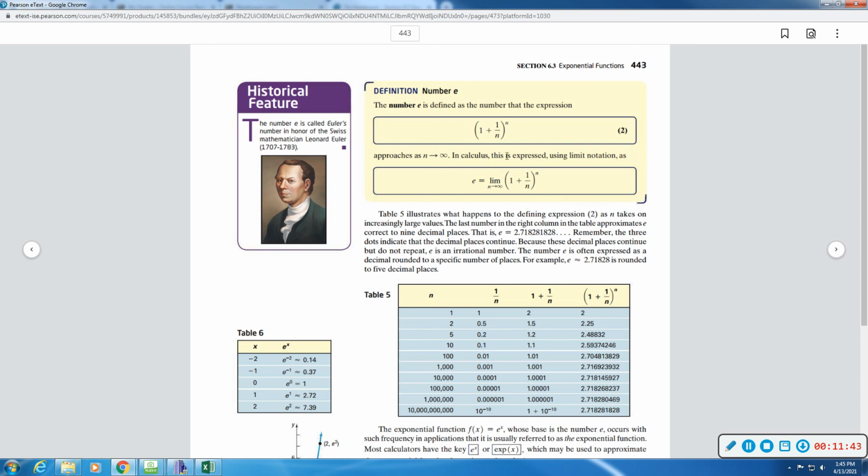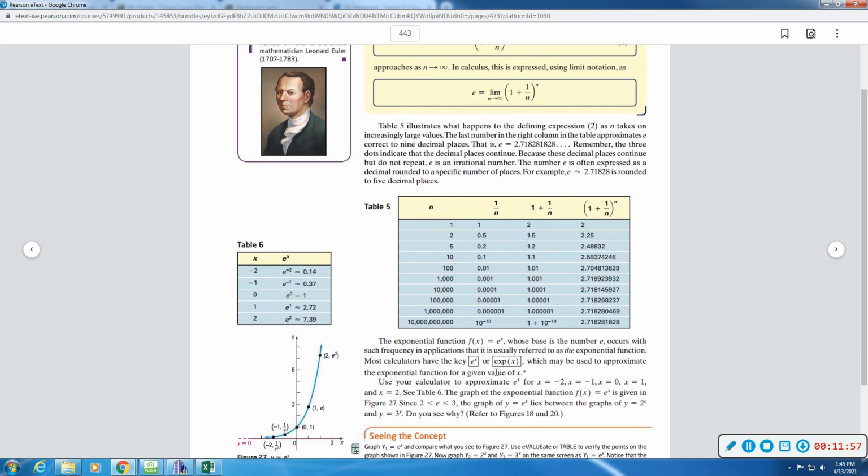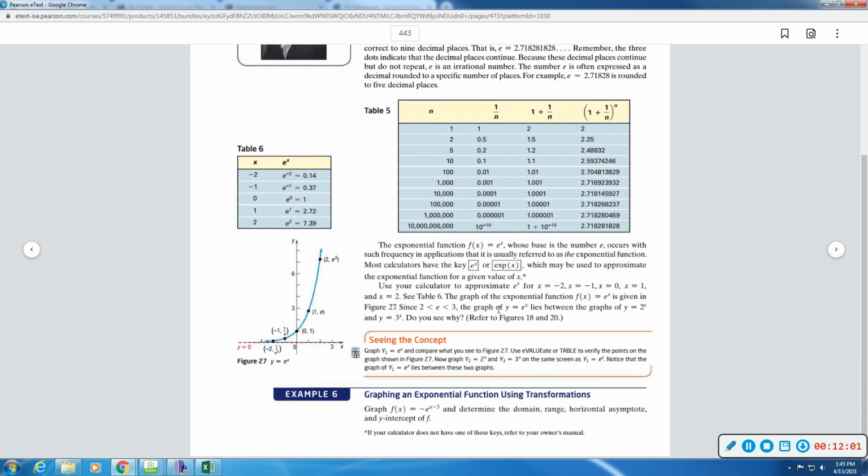So it tells you in calculus, this is how it's expressed. But this is just an approximation showing you that as they add more digits, it gets closer and closer to the value of e, which is 2.718, and there's several other values. So just like pi, it's an irrational number that we use in exponential expressions.